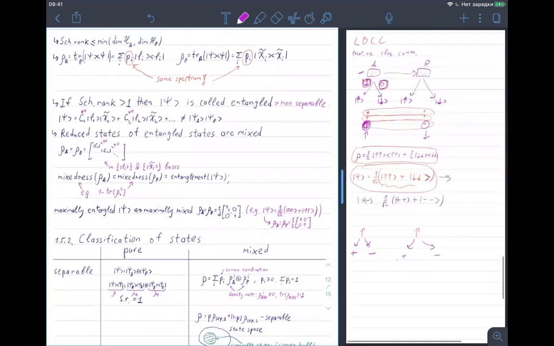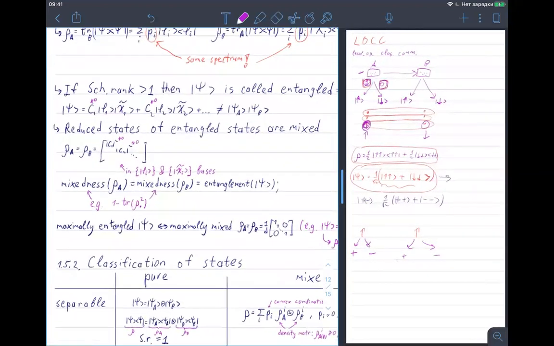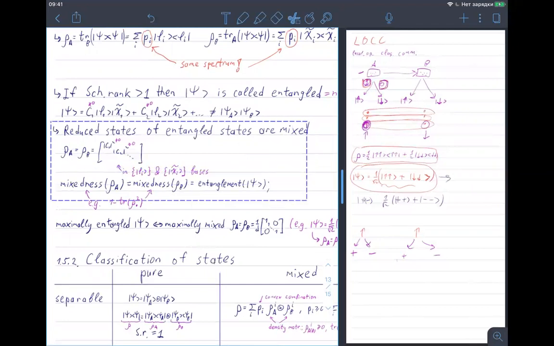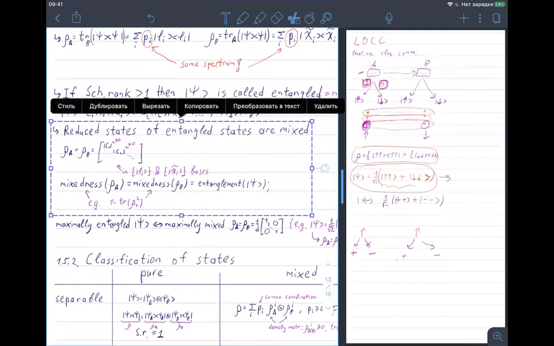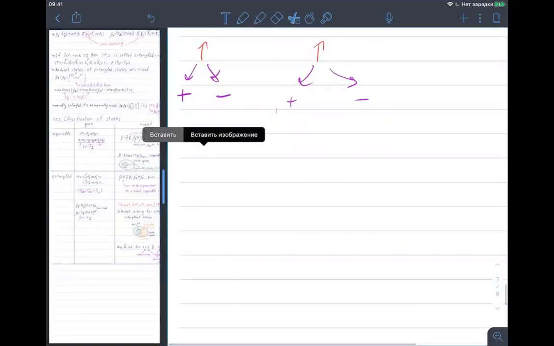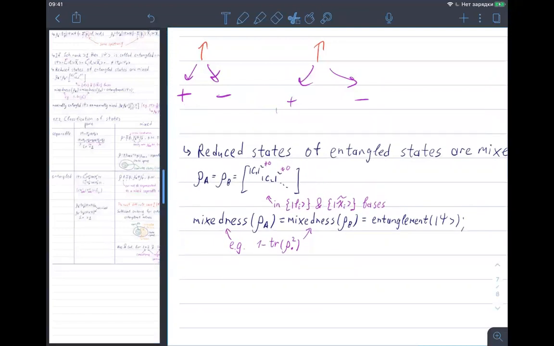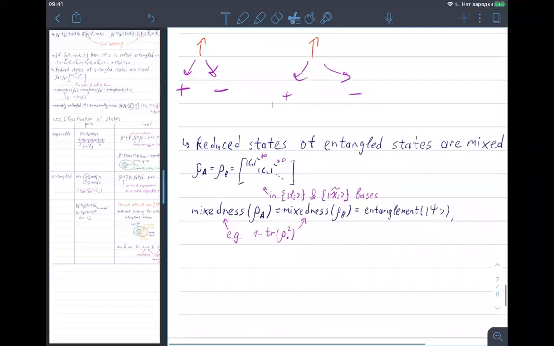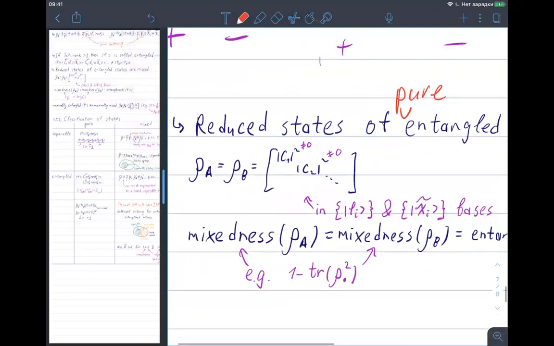So this is the feature of entangled states. The second important point is that if my pure state is entangled, it's important that it's pure, then its reduced matrix is mixed.